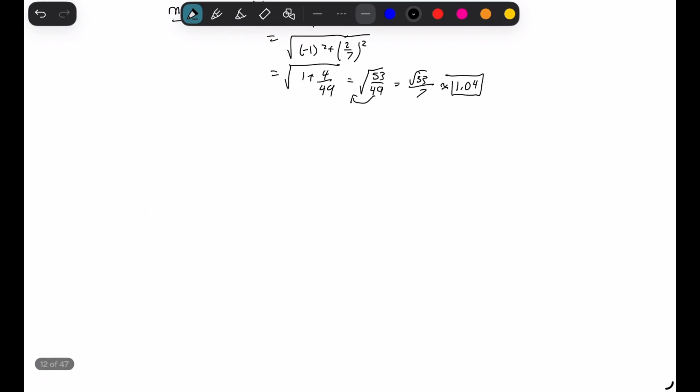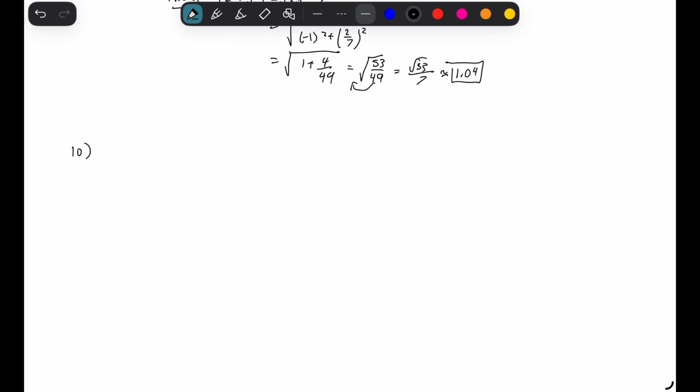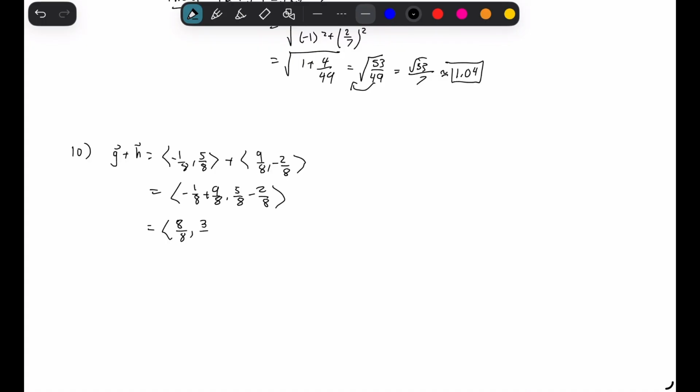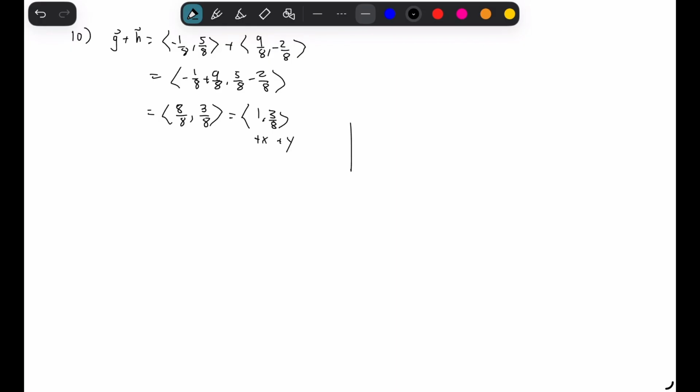Now, let's do another problem. Let's find G plus H. So we can see we have a positive x and positive y, so we're going to be in Q1.